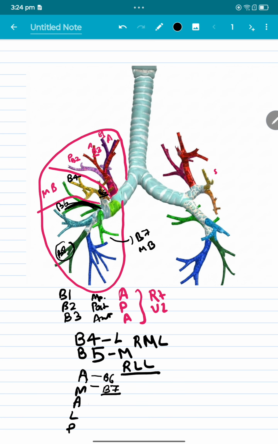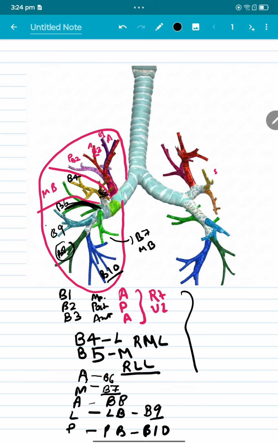B8 is anterior basal. Then we have lateral basal as B9, and posterior basal as B10.